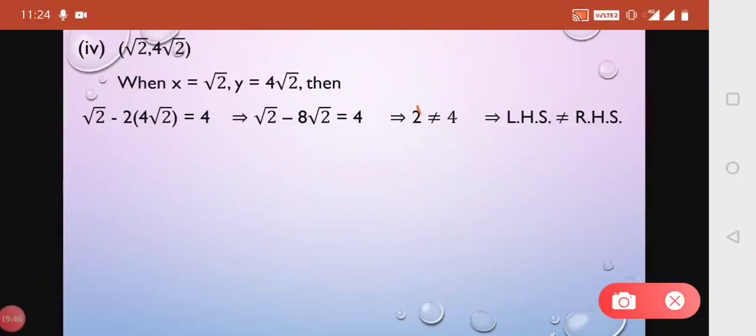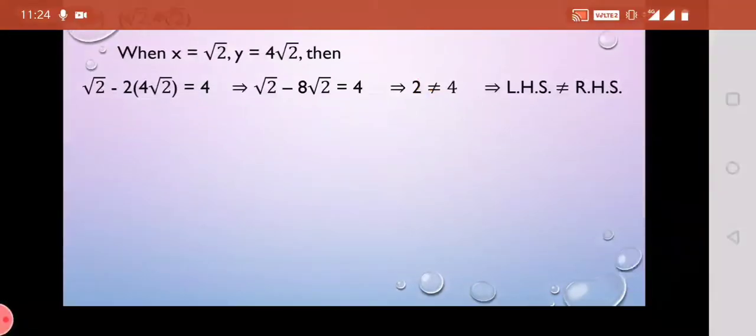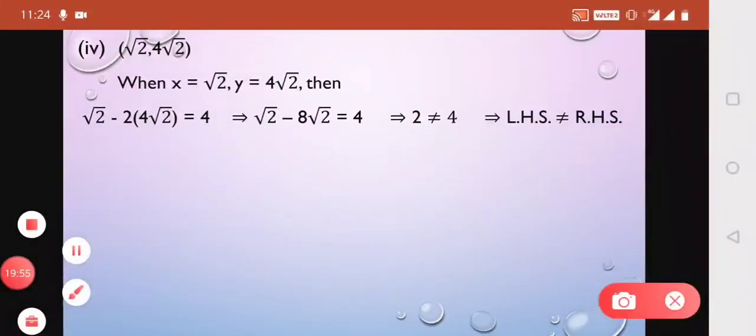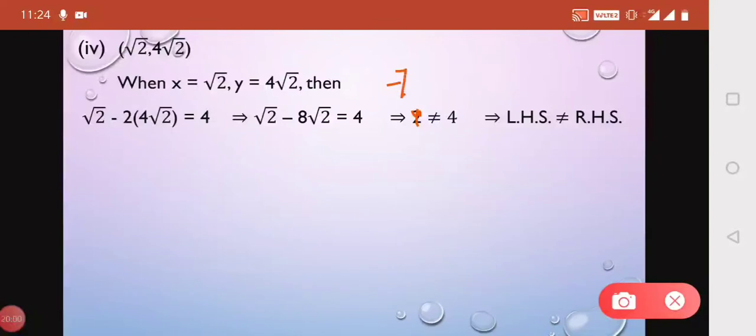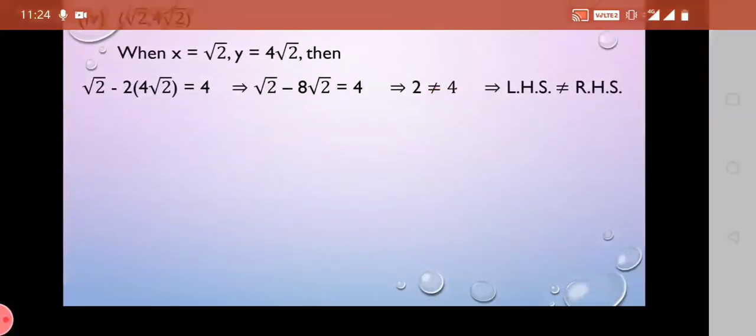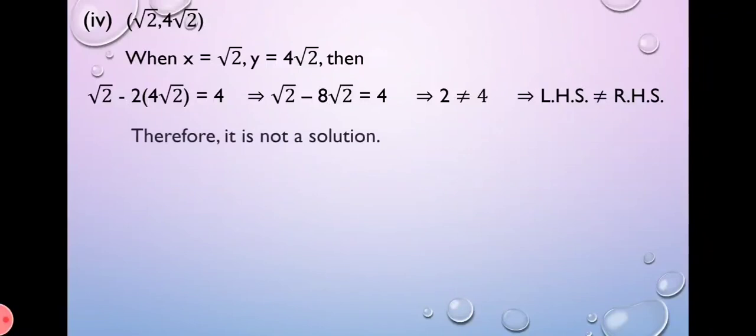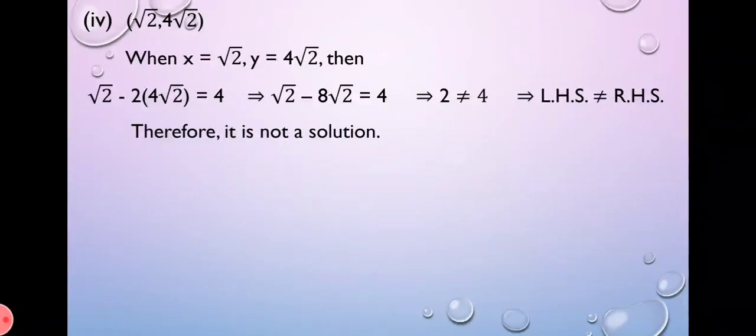So minus 7 root 2 is not equal to 4. Again you can see that left hand side is not equal to right hand side. Therefore, (root 2, 4 root 2) is not a solution of the given equation.